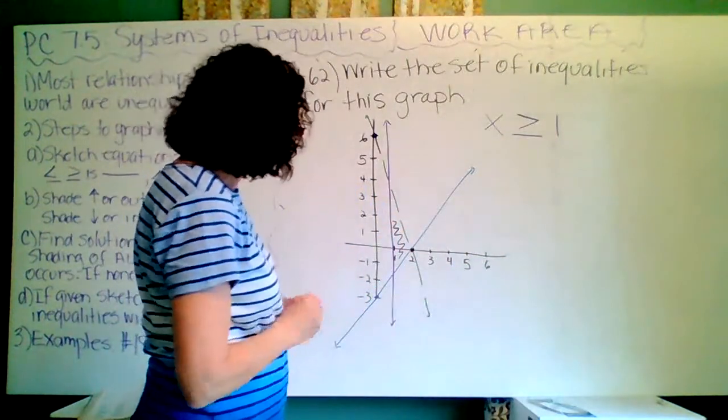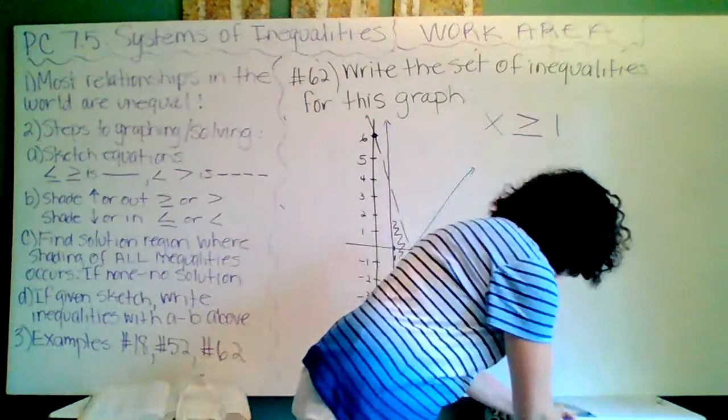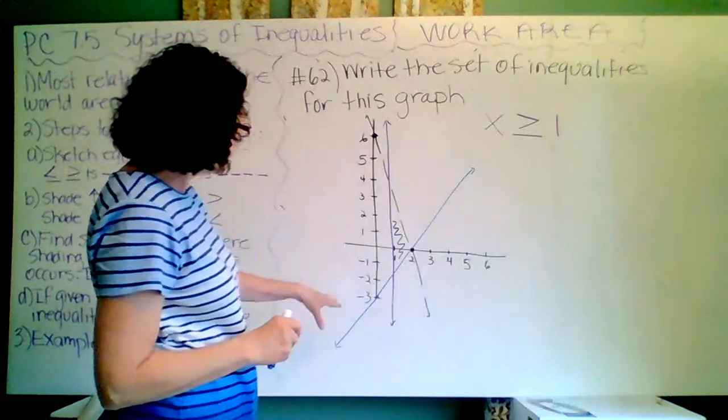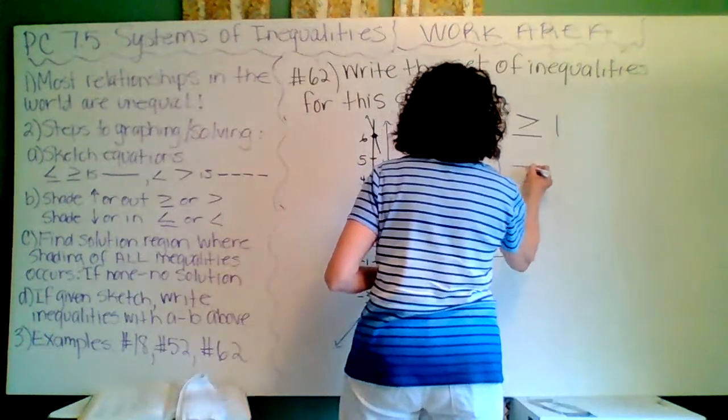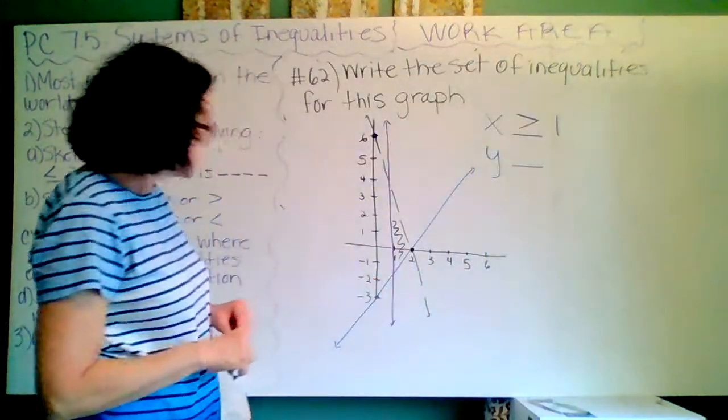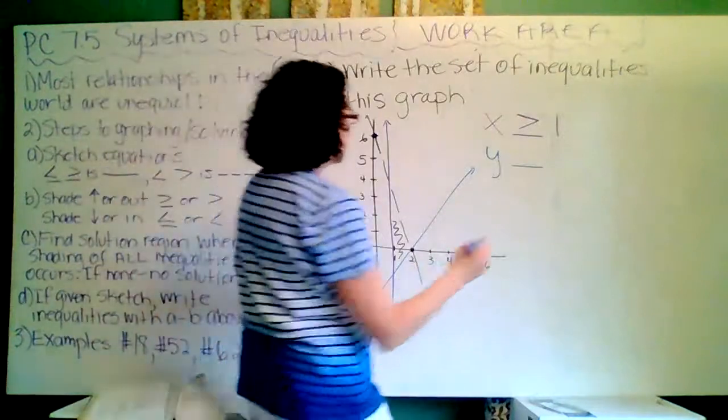Okay, let's work on the blue line. Notice again that it is solid, so I'm going to have a solid line. Notice that its y-intercept is a -3.